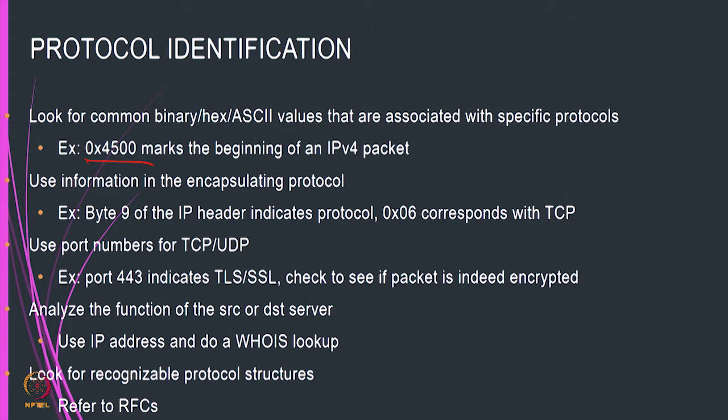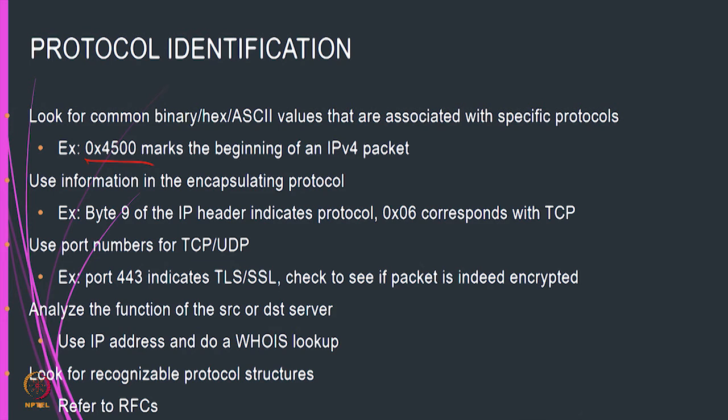In this way you will be able to identify what kind of protocol is going on in the network. Sometimes, for example in SNMP, they allow company-specific management information. In that case you might have to identify that it is company-specific information and then go to the company's website to find out what information they are presenting.